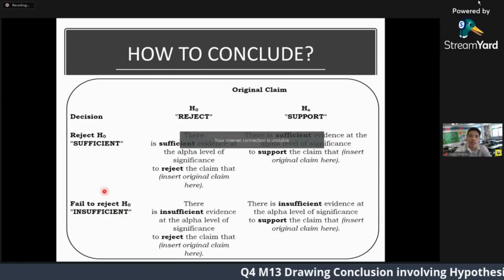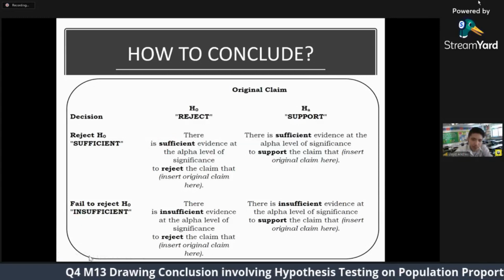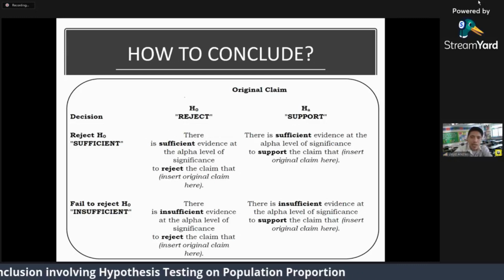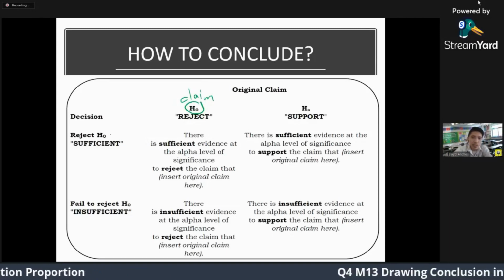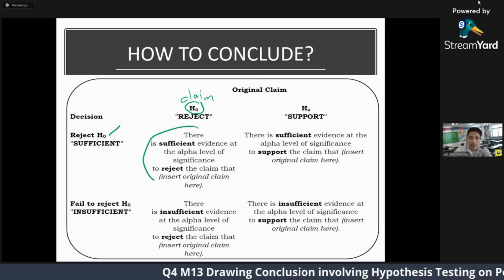So, example ani. Say for example lang ha. Ang claim nimo is ang HO. Tapos ang imong decision is reject HO. So dapat imong conclusion is in this form.